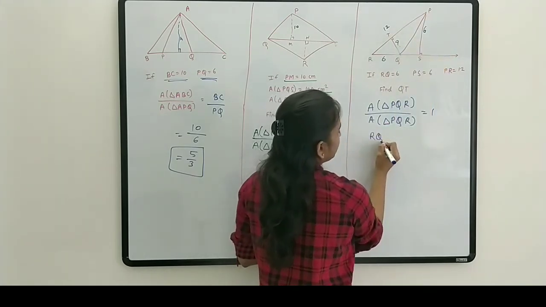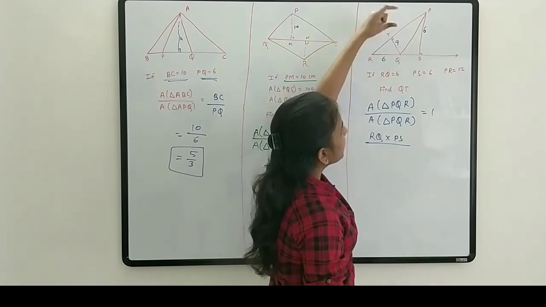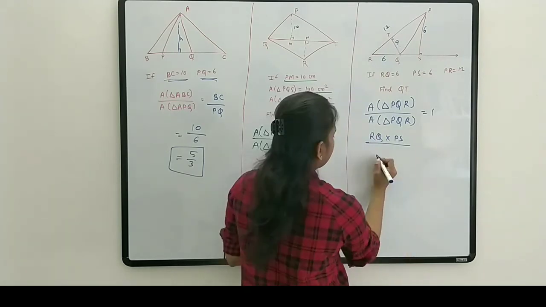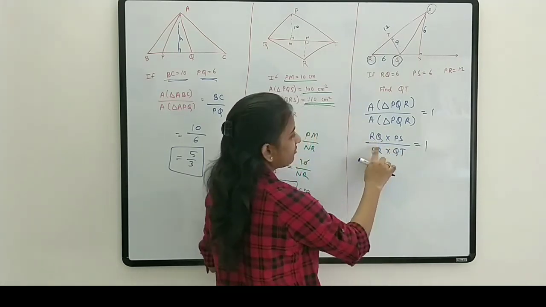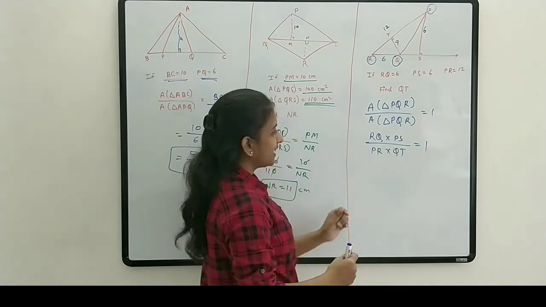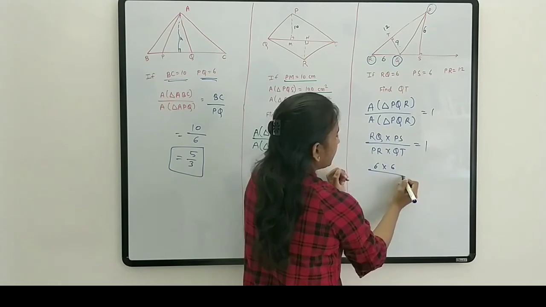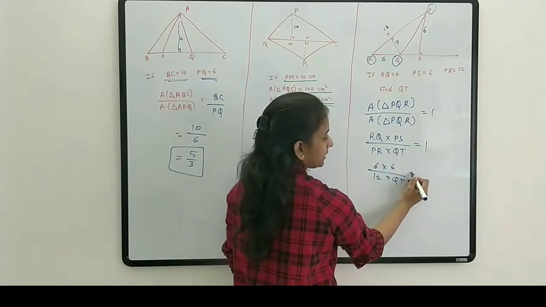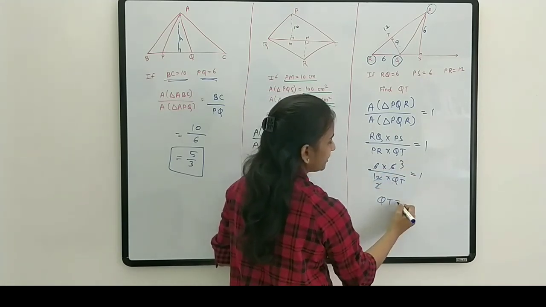RQ into PS divided by, for the same triangle, you can consider PR as base and QT as height, PR into QT, is 1. Now we have three values, we have to find the fourth one. Let's do it. See, RQ is 6 into PS is 6 divided by PR 12, and we have to find QT, equals 1. 6 twos are 12, 2 threes are 6. So the QT value is 3 units.